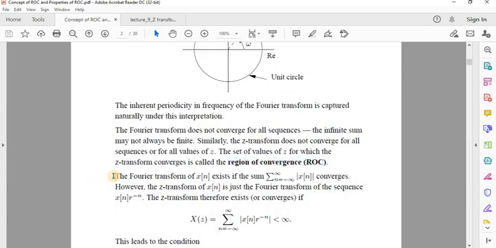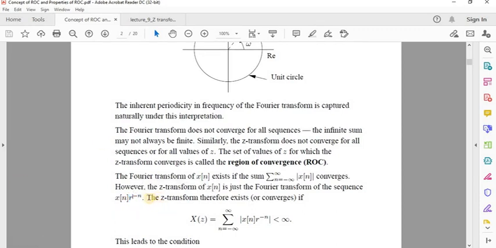So we have already studied the existence of Fourier transform. The Fourier transform of x of n exists if this sum converges, means if this sum is finite then the Fourier transform will exist, otherwise it will not exist. Also the Z transform of x of n is just a Fourier transform of the sequence. Z transform and Fourier transform are relatable. We have seen the relation. There is only the difference, which is r.